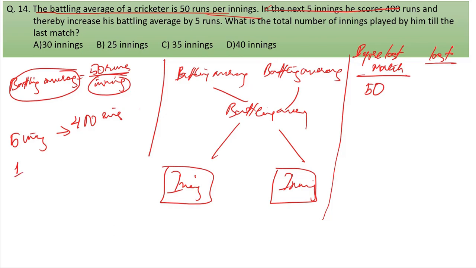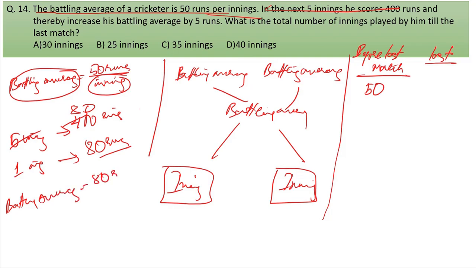That means for one inning, 400 divided by 5 is 80 runs, or I can say his batting average is 80 runs per inning. I'm sorry, it is inning, not wicket.